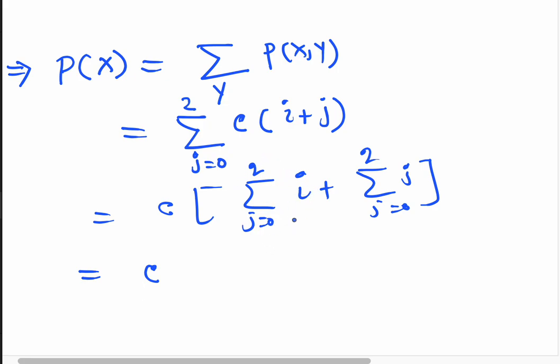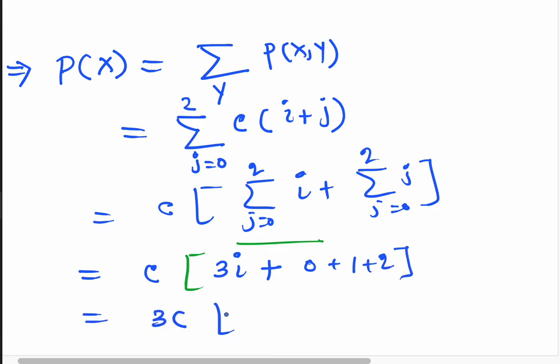Since in the first sum there is no j involved, I have to add 3i, and then the summation over j is 0 plus 1 plus 2, so this is nothing but 3c(i plus 1). We know c is 1 by 18, so putting it here, we get 1 by 6 (i plus 1).